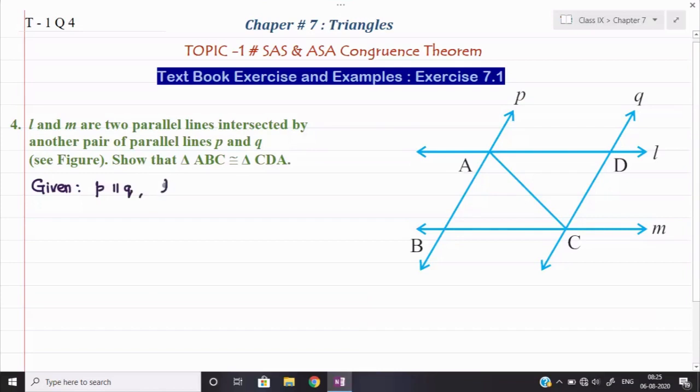Second, L is parallel to M. Now, what do we need to prove here? We have to show that triangle ABC is congruent to triangle CDA. ABC and CDA are congruent; that we need to prove here.